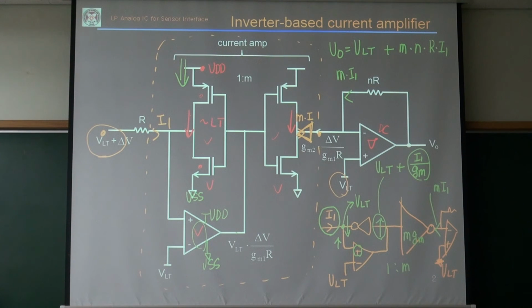Yeah, one other method maybe is we can reduce this a little bit. We can increase that part a little bit. So those inverters may operate around the middle region, around half of VDD. Yeah, that's one way we can reduce both sides, right?